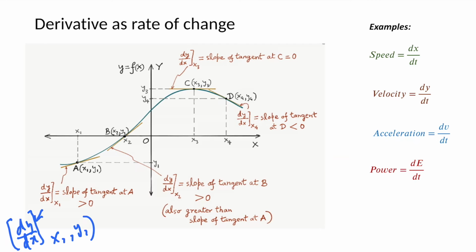So the power, you probably also know, is the rate of change of the energy use with respect to time. Here E denotes energy used or energy generated, depending on the context.